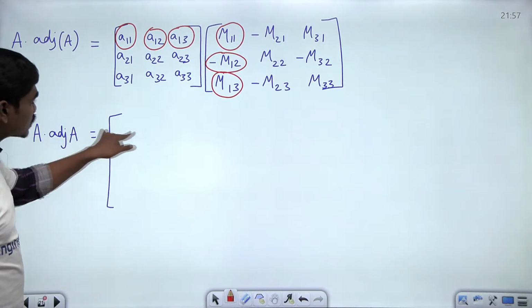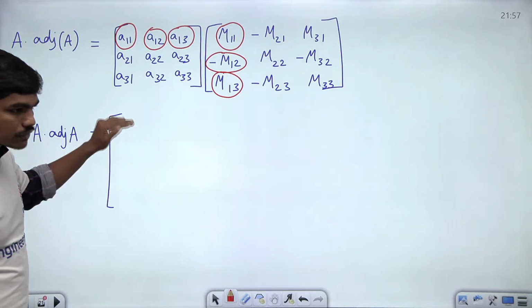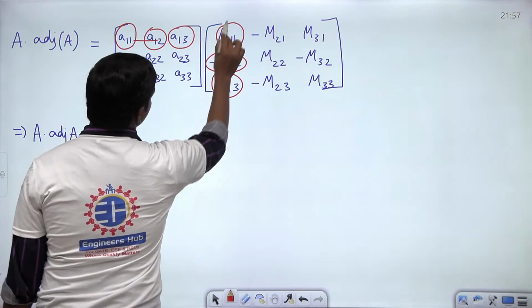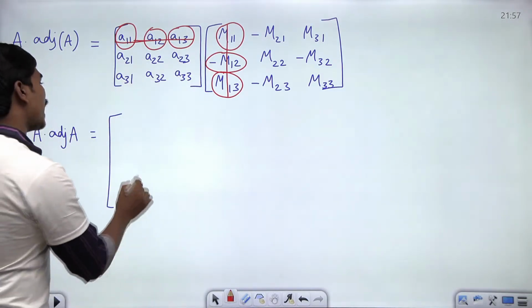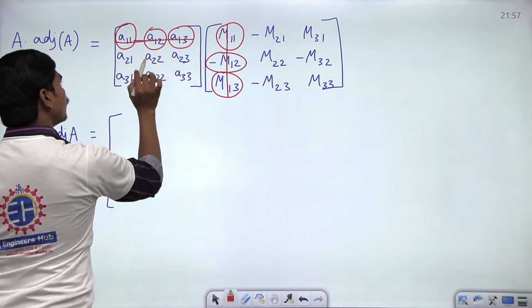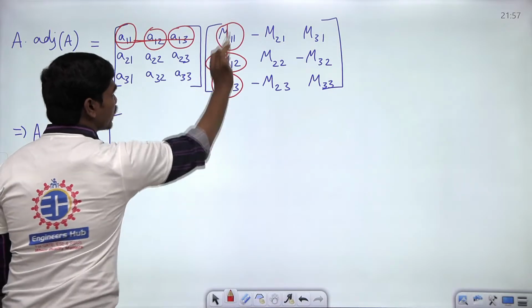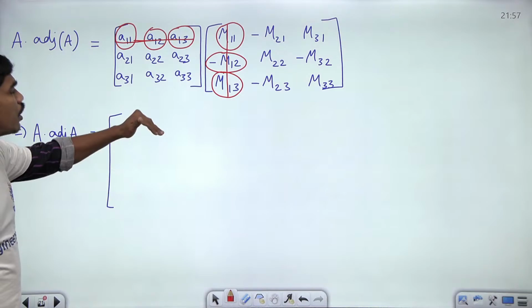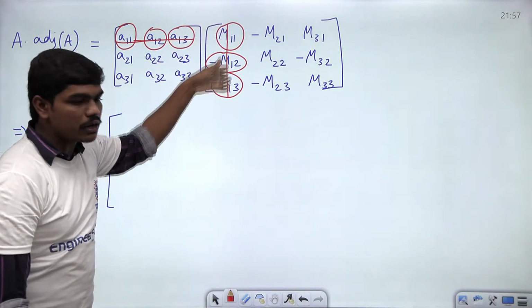So if you want the first column element in this matrix, then you need to multiply this row with this column, correct? If you multiply this, we have the summation of the product of elements of a row of a matrix with their corresponding cofactors. Can you tell me what could be this?